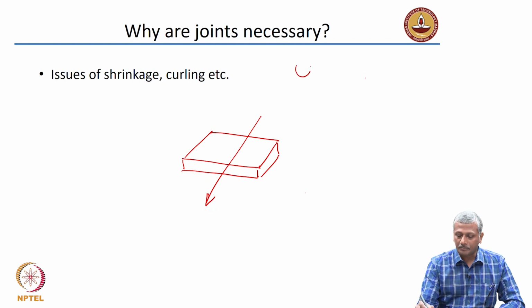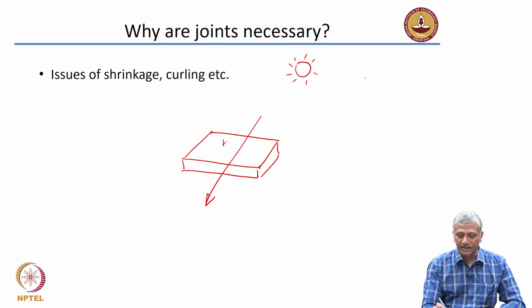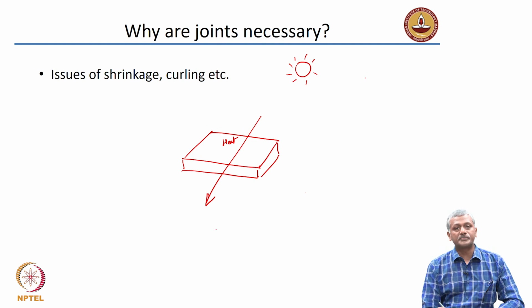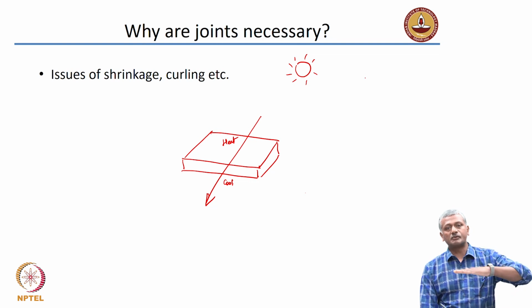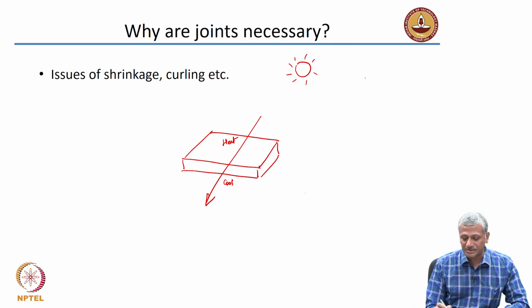In the daytime, you get a lot of solar radiation. What is that going to do? It is going to heat up the top surface while the bottom surface will be cooler. So the top surface will be hotter because of solar radiation and the bottom surface will be cooler. What's that going to do? It's going to start bending the slab.